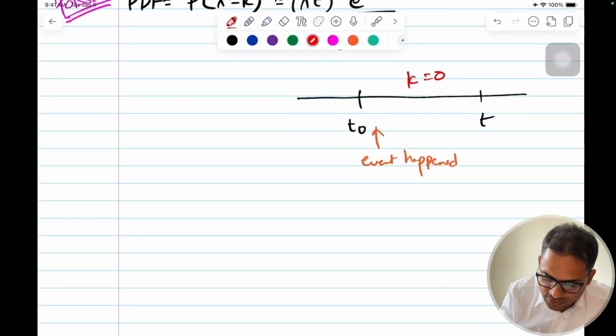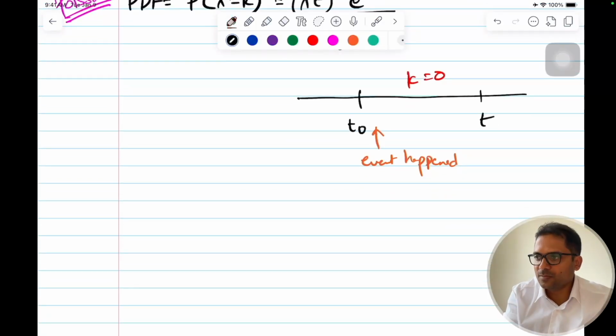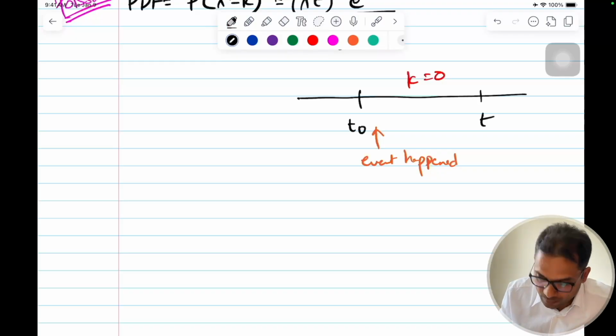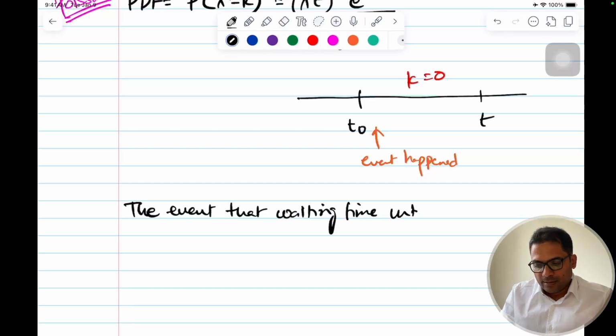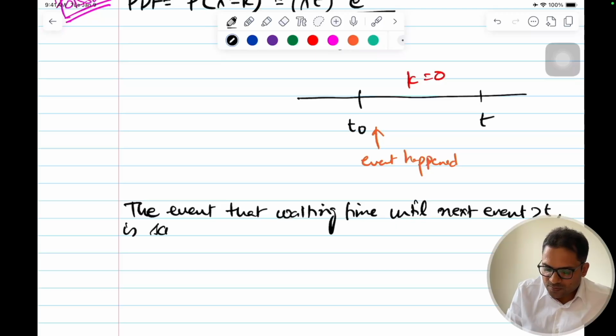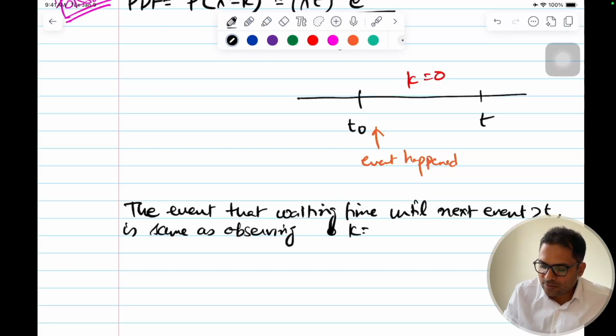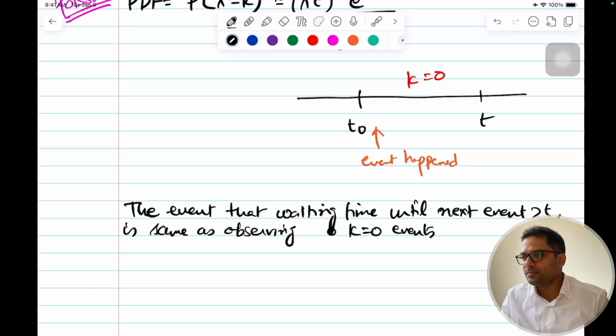So the event that the waiting time until the next event is greater than t is the same as observing k equal to 0 events in that interval.